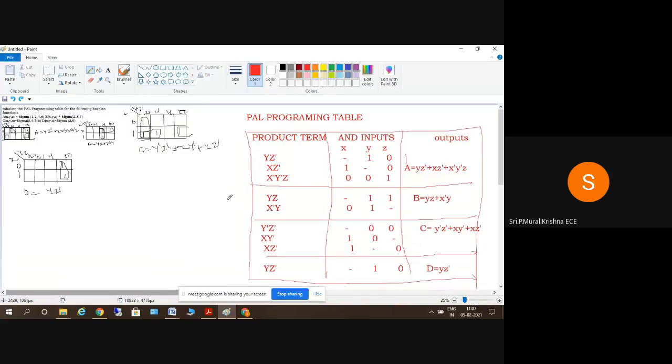Wait, I'll show you the method, how to draw the diagram. So first of all, in the similar way, X Y, X bar, Y bar, Z bar. We'll follow the similar way there.